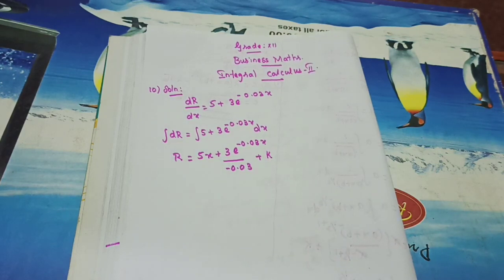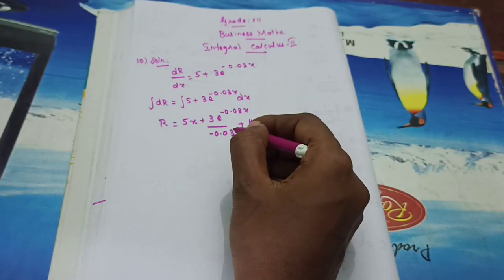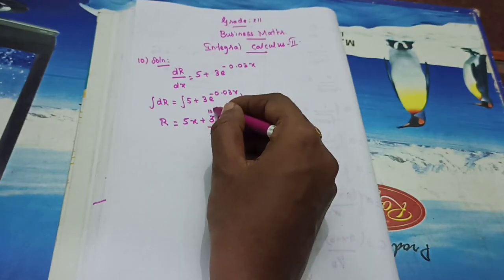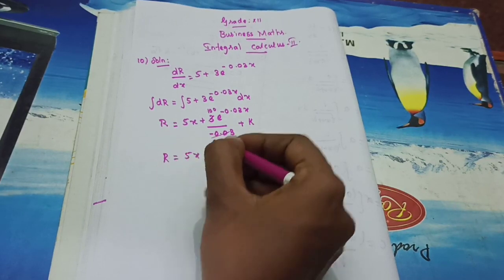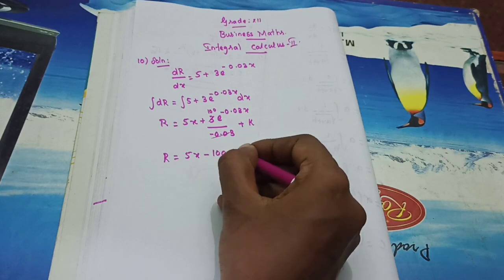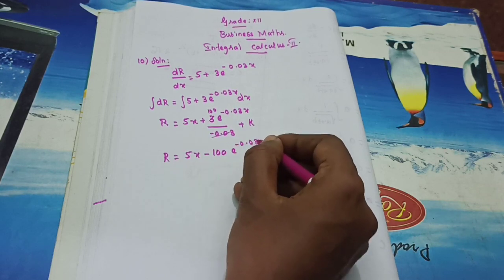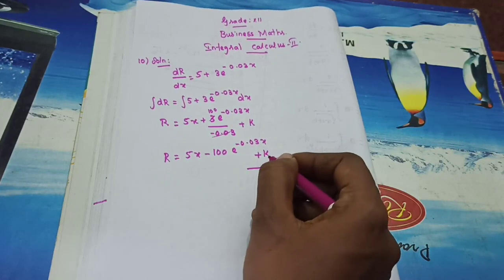Okay, so you can cancel this. If you cancel, I think it will come as 100. Multiply and see. So R is equal to 5x minus, this minus will go here, so minus 100 e power minus 0.03x plus k. This is equation number 1.